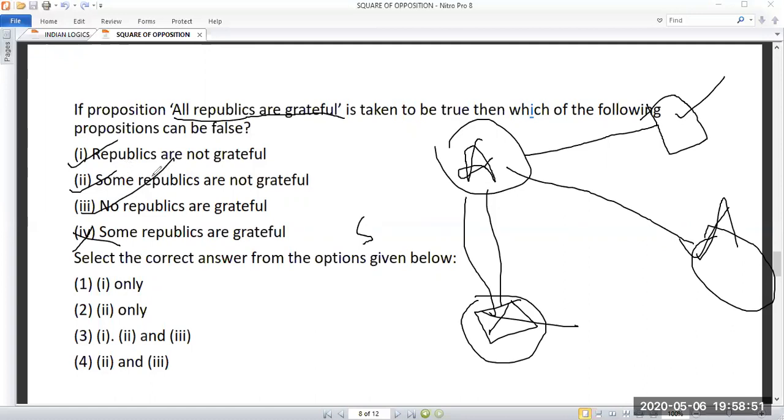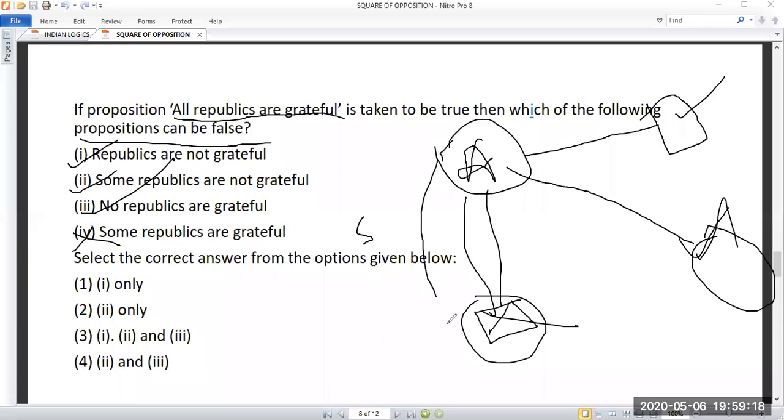So are you getting what I told? Is that fine? We'll continue. Yes. So "all republics are grateful" is taken to be true. Remember, A is universal. Then which of the following propositions can be false?